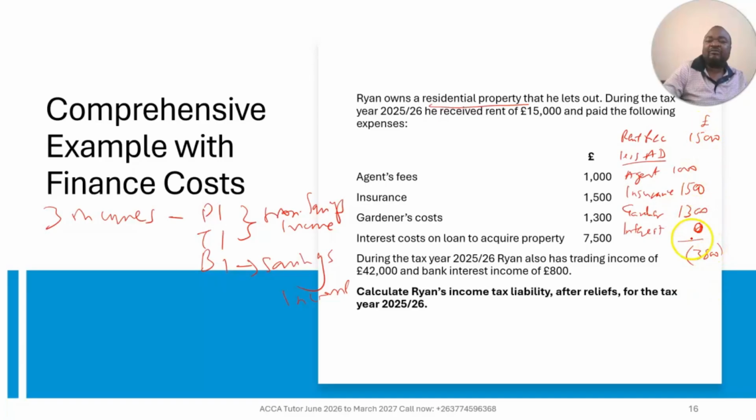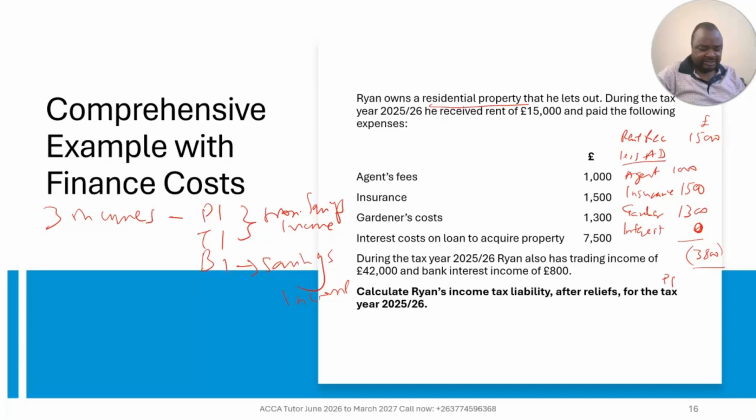Then we deduct them from the income of 15,000 pounds. How much property income are we going to be left with? I do not have my calculator here. Let me look for the phone.